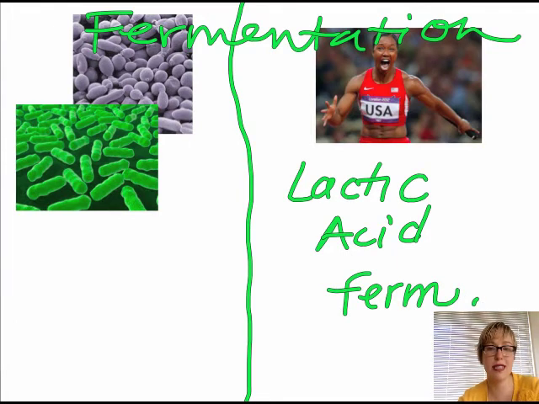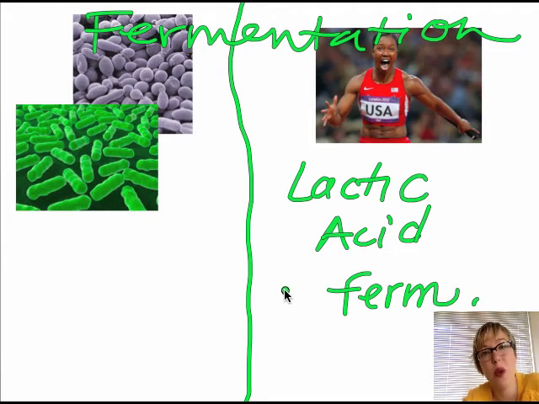And this process is actually what makes your muscles sore when you work out. So when you do high intensity workouts that are not these long cardio workouts like going on a run, you might notice if you go on a 5-mile run, you're going to be a lot less sore than if you did sprint intervals for 20 minutes. That's because your body is using an anaerobic process to harvest that energy, and the byproduct is lactic acid fermentation. And this is what makes our muscles sore.